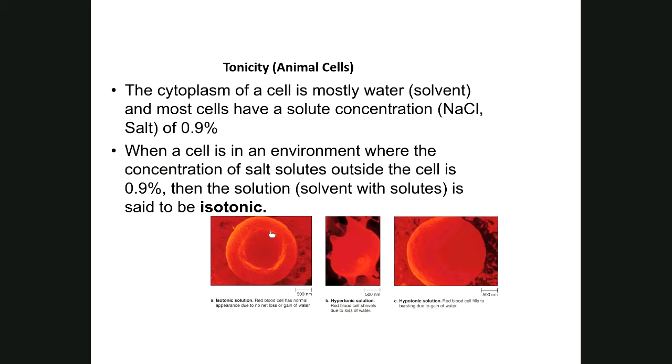So a normal red blood cell looks like what we see here in this first picture in square A. Okay, and this blood cell happens to be in an isotonic solution. So the blood cell remains normal. It's not absorbing water, it's not releasing water. It's perfectly happy, it's at equilibrium with the environment.